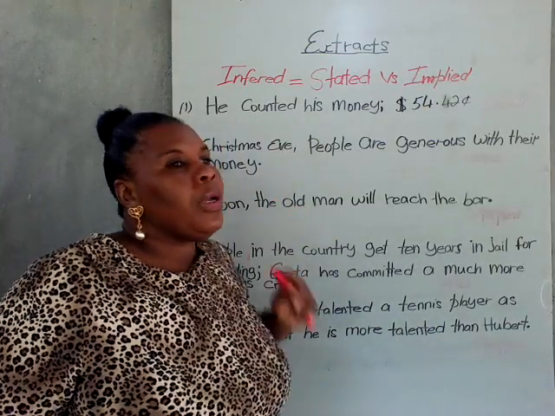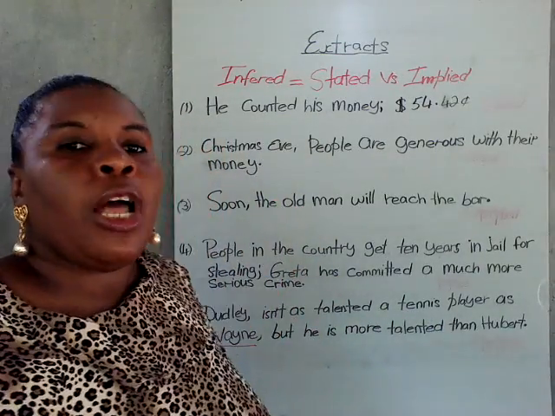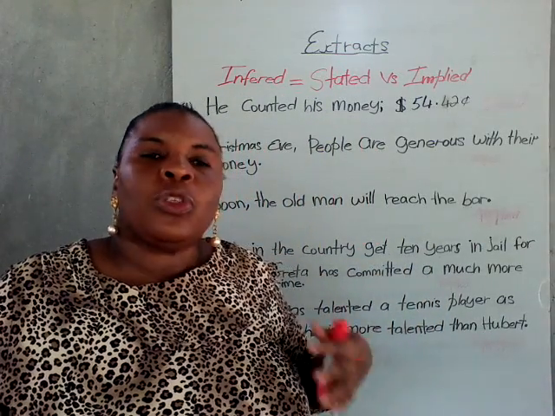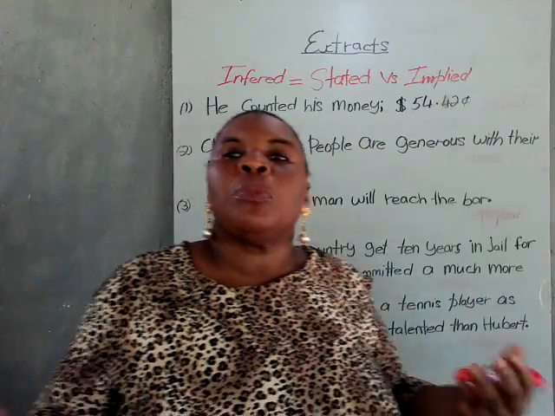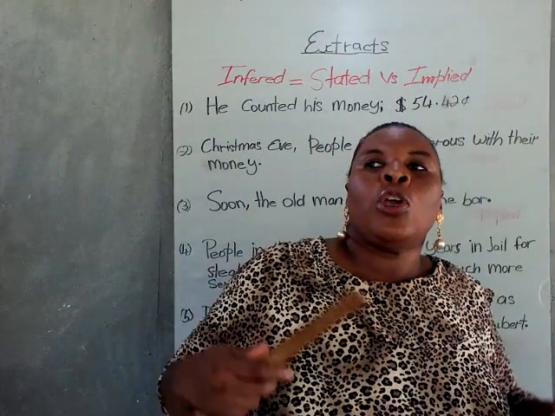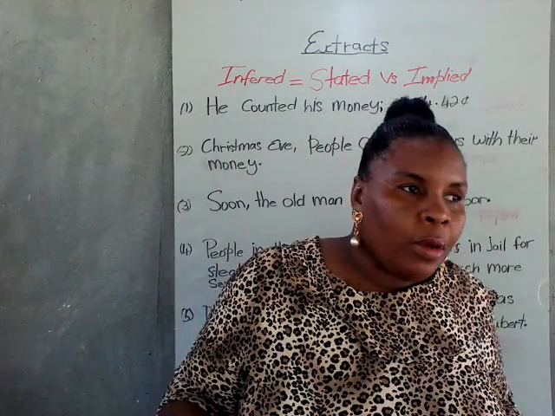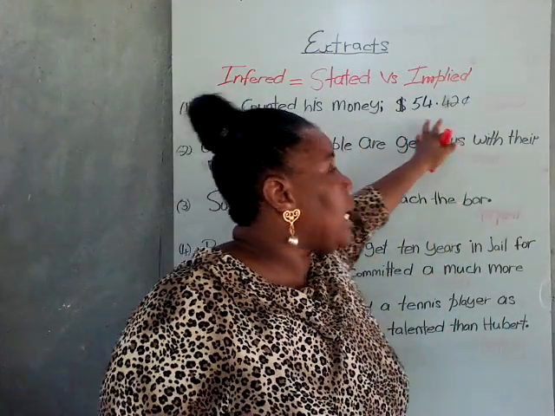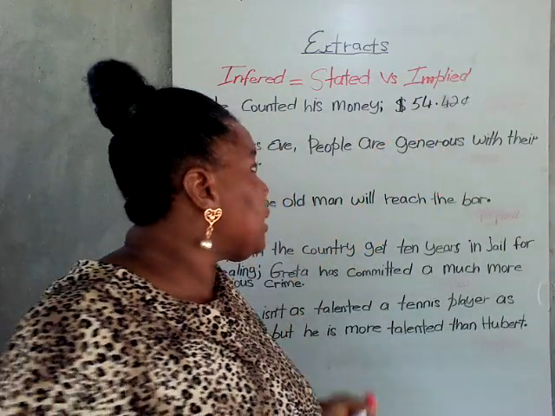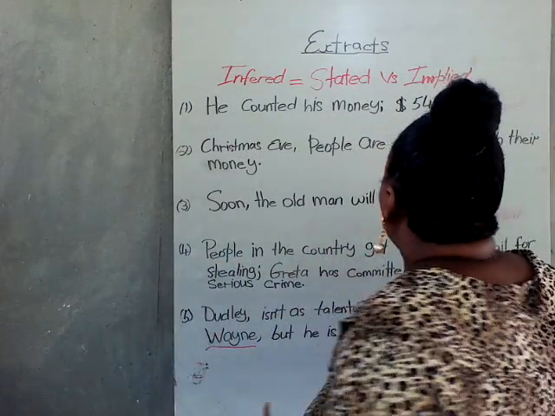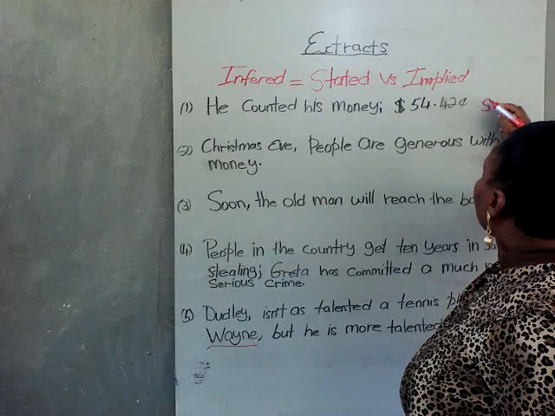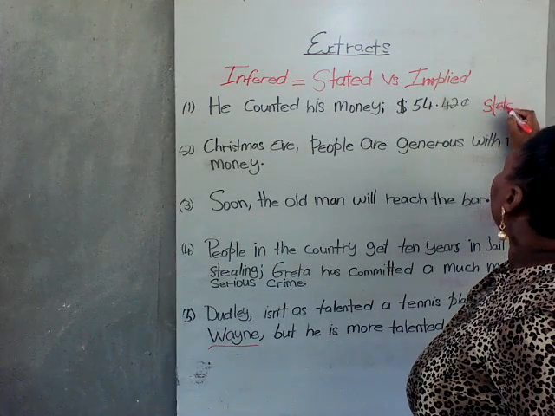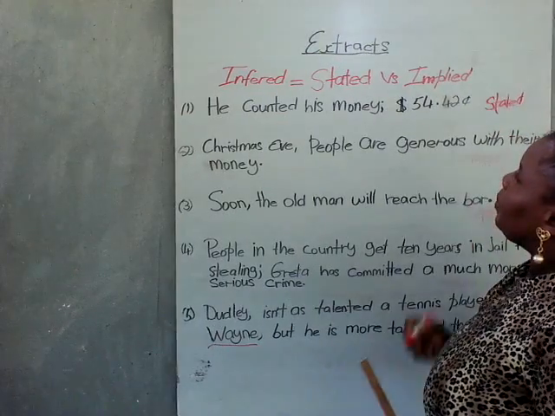So, if he counted his money and he gets $54.42, there's no need for a question to be asked about how much money he had counted, because you know that he counted it and you know the amount of money he had counted. Therefore, this is stated. All right? This is stated. So, we'll write stated here. S-T-A-T-E-D, right?